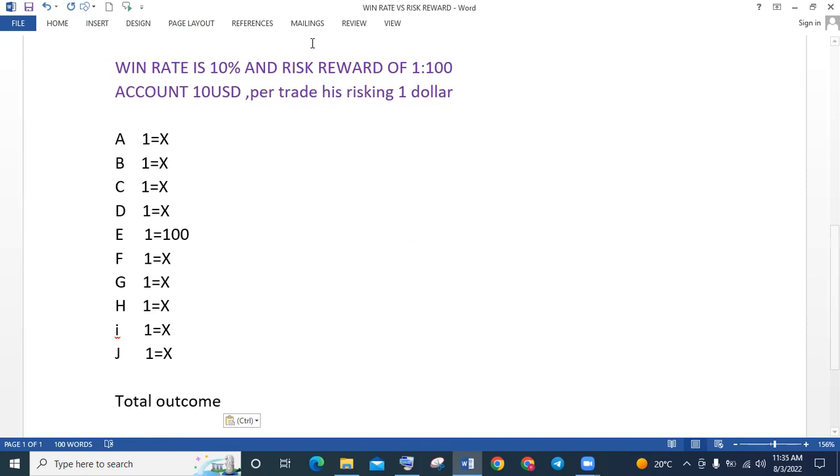Since he's risking $1, when he wins, the risk reward is 1 to 100. So he's going to lose $1 on the first trade. Second trade, he loses $1. Third trade, he loses. Fifth trade, he loses. This trade, he goes through, he wins, since when he risks $1, he's getting $100.